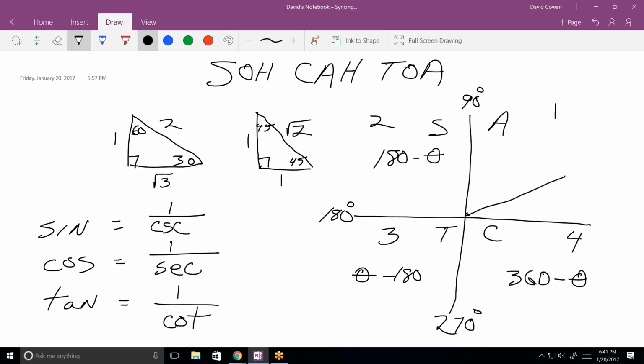Now, it's called a unit circle. Believe it or not, the unit circle is your first exposure to polar coordinates. They don't say that, but that's what it is. And no matter which quadrant I'm in, the hypotenuse is 1. And it's always a positive 1. That's the nature of polar coordinates.